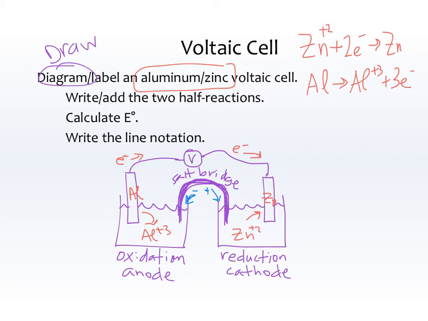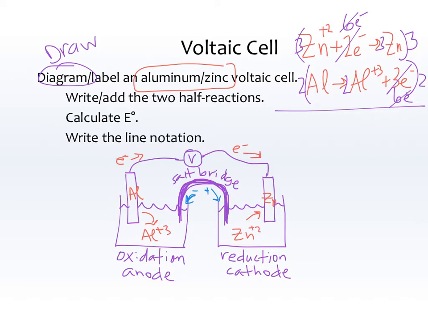So I've got my two half reactions, so now I need to add the two half reactions together and figure out how much voltage this battery is going to give me. Well, notice that I cannot cancel the electrons because I have 3 and 2, and 3 and 2 don't cancel. So I'm going to multiply this entire zinc by 3 and the entire aluminum by 2, which will give me 6 electrons in both cases, 3 zincs, 2 aluminums, and now the 6 electrons will cancel.